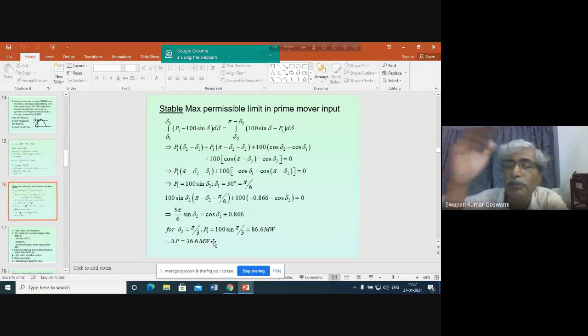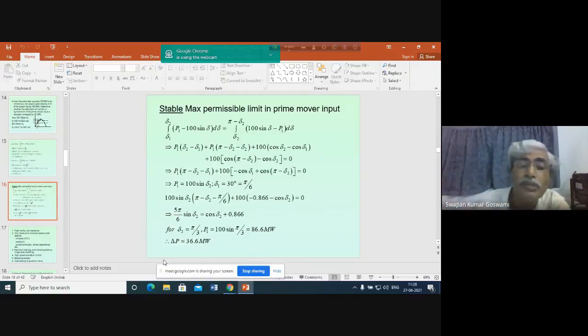So input power will be 86.6 megawatt. Obviously, at the stable condition, the generator will be able to maintain stability. What will be the output power? Obviously, it will also be 86.6 megawatt. So the new operating angle will be that point where the input power line and output power curve intersect each other, that first point, delta 2.